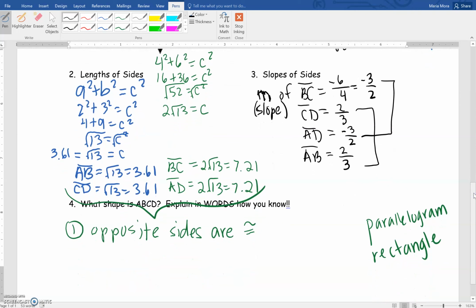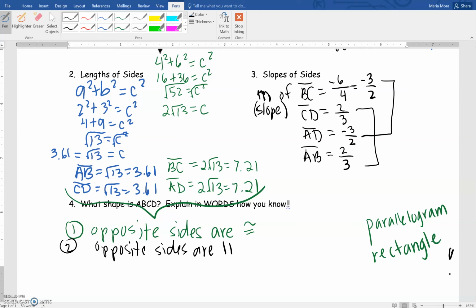So from that information, I can put that opposite sides are parallel. And remember, we know they're parallel because the slopes of the opposite sides are the same.